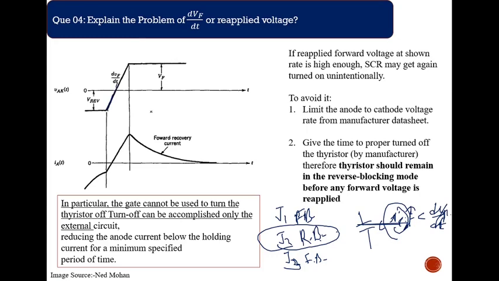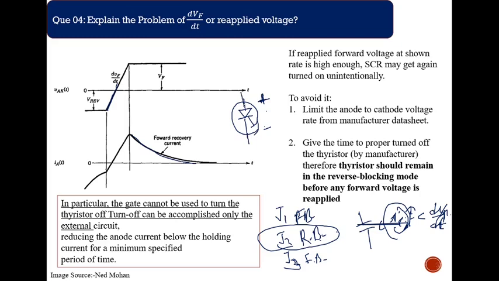Because there is no external biasing, the current through the device may be zero. Suppose this is the thyristor and I apply a high dV by dt, but I want to turn off the device. This case will happen in the phase control rectifier, which we will discuss later.